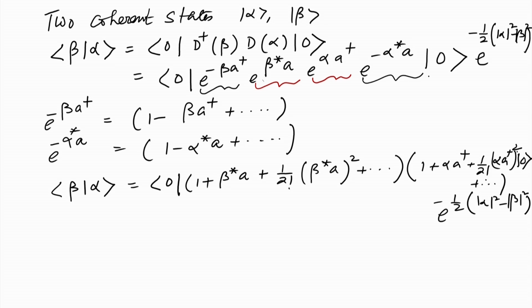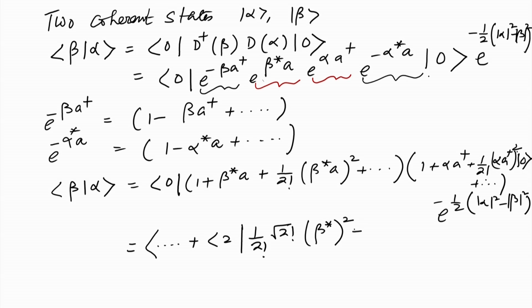So, this yields terms like 1 by 2 factorial, root over 2 factorial. You will get this if you see it carefully by multiplying term by term.